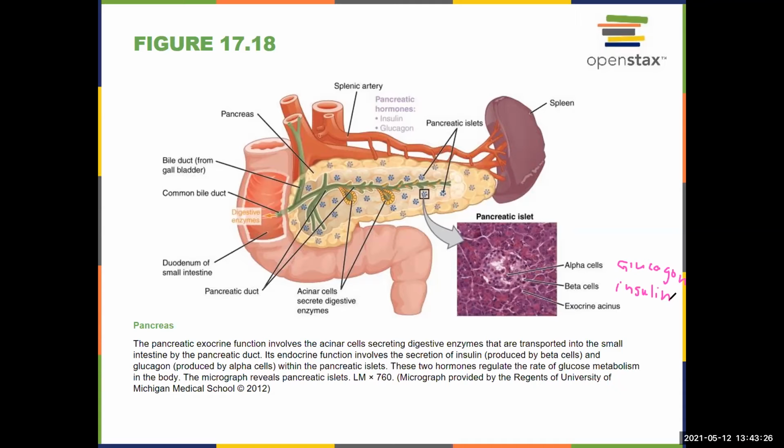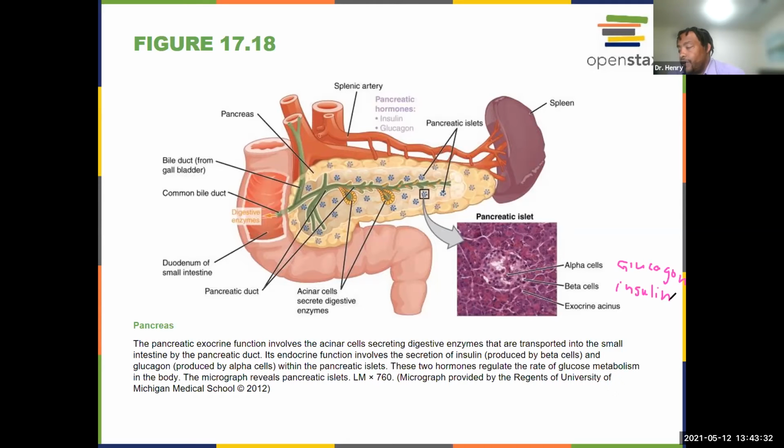So now insulin, and that's the one that we're all very, very familiar with, right? So insulin basically causes the uptake of glucose, right?